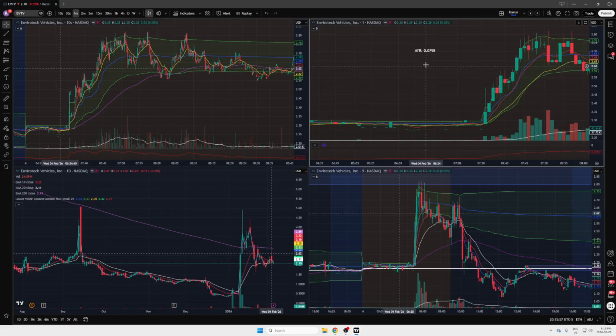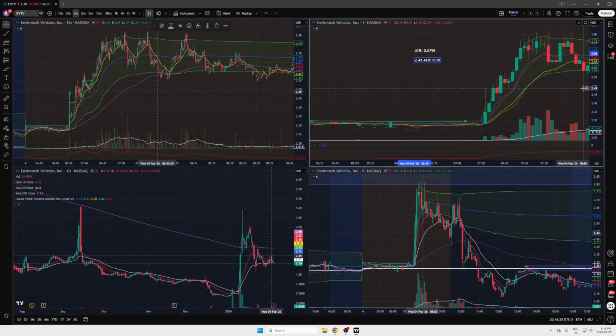So we're going to multiply this by 2.4x ATR. 0.0798 times 2.4 is equal to 0.19, and then you're going to add that to the close of bar 0, which is 2.59.